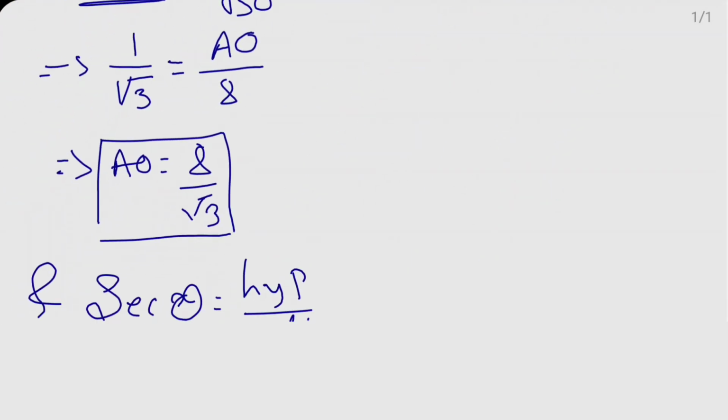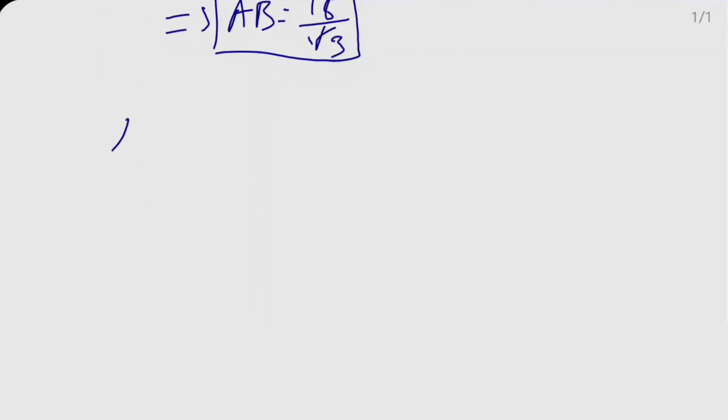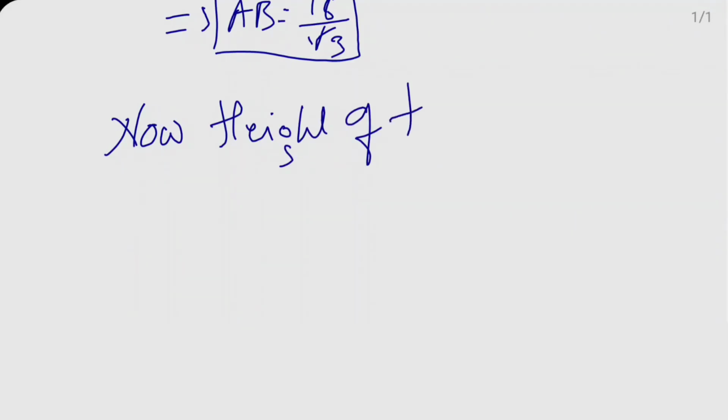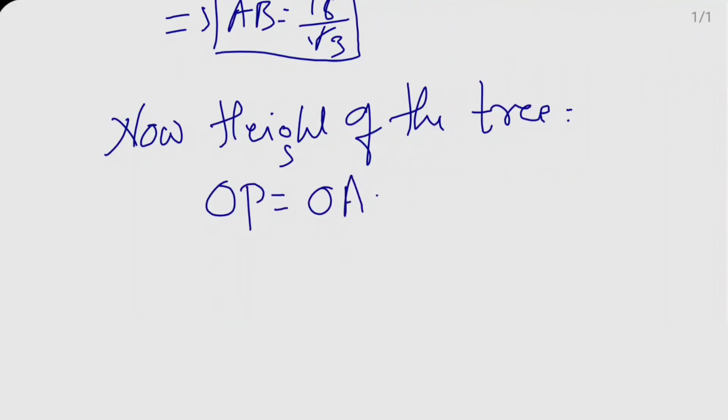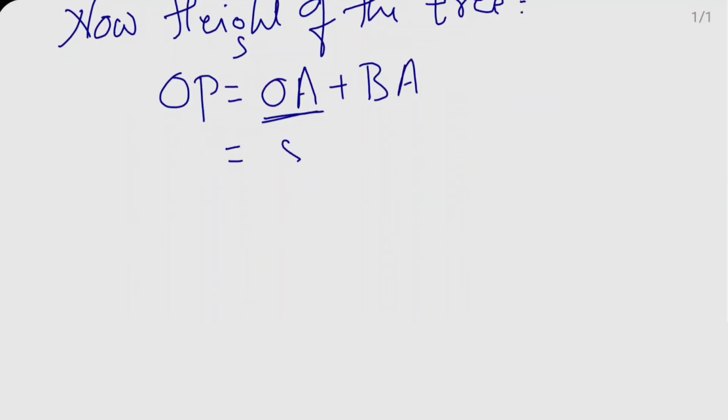So now the height of the tree, OP, equals OA plus BA.